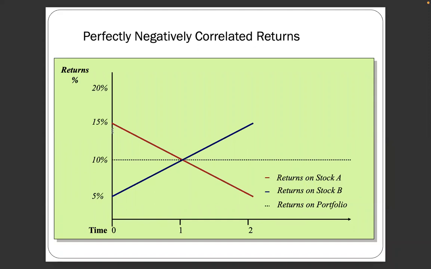The return of stock A, the red line, goes down from 15 to about 0.5, and the return of B goes up, from 5 to 15.